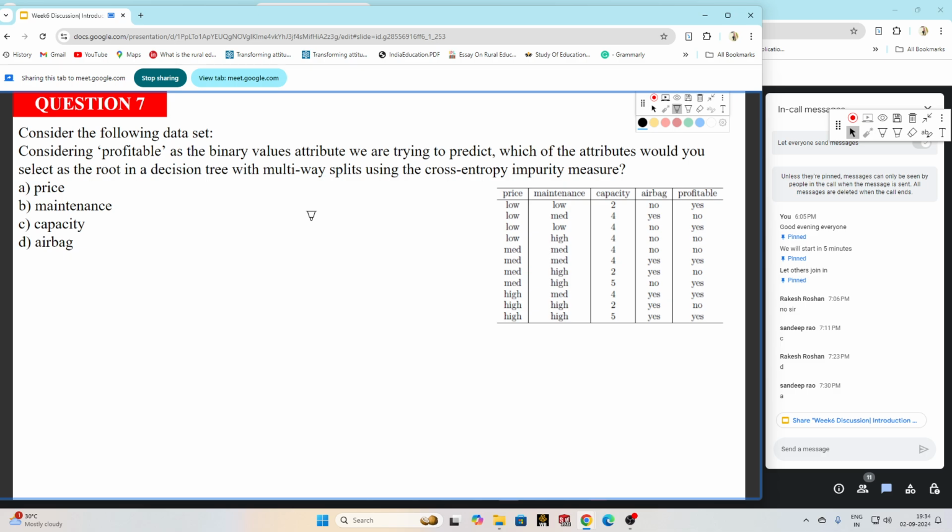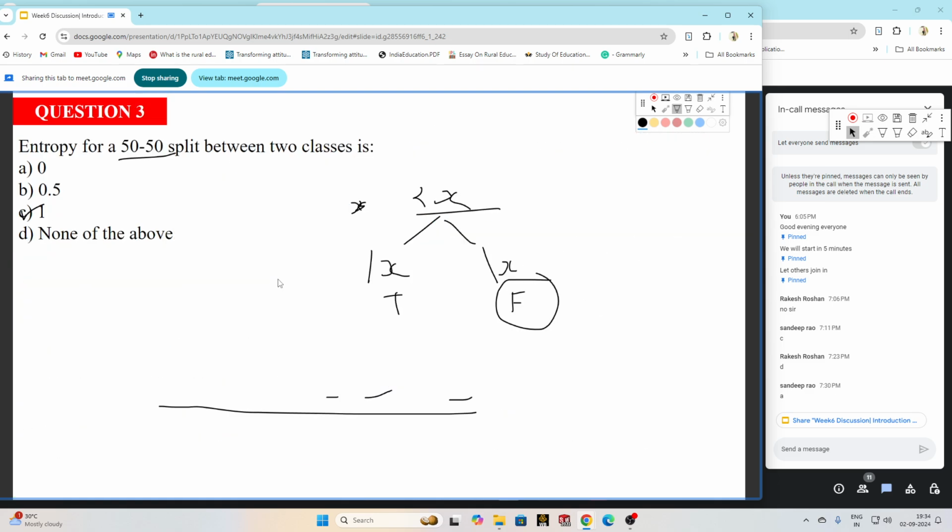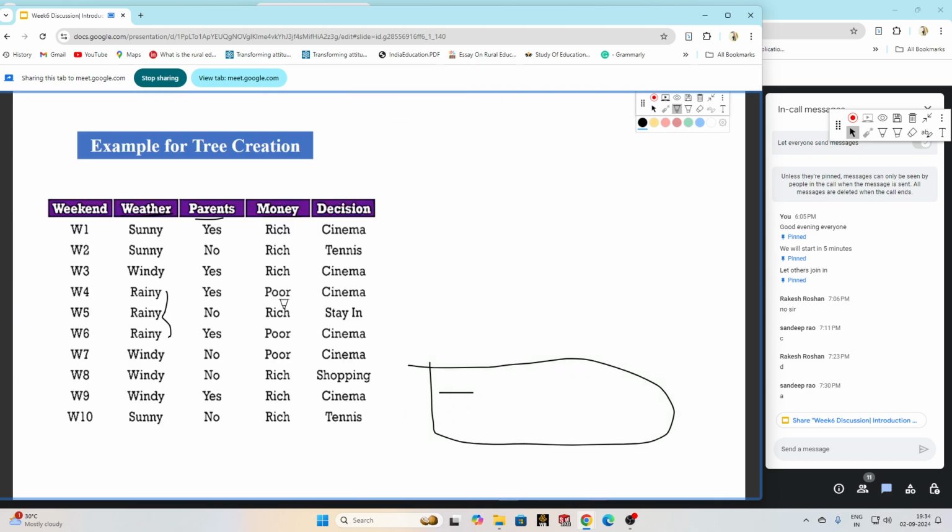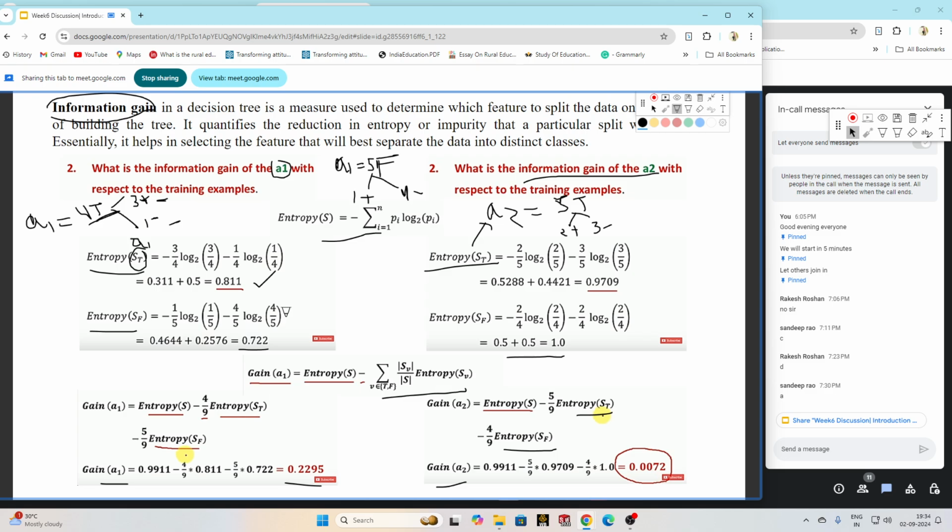the Gini index. So what is information gain? Information gain is entropy minus the cross entropy. Information gain should be as high as possible, but the cross entropy should be as low as possible. Let's see the formula. This is your formula for information gain. This is the entropy of the whole data set, and this is the cross entropy.